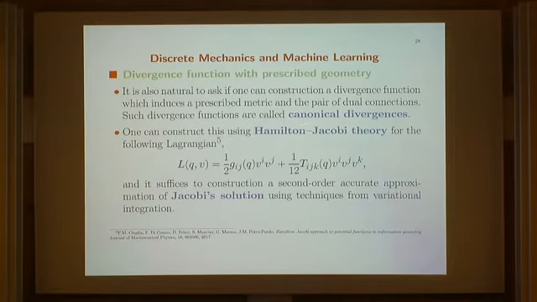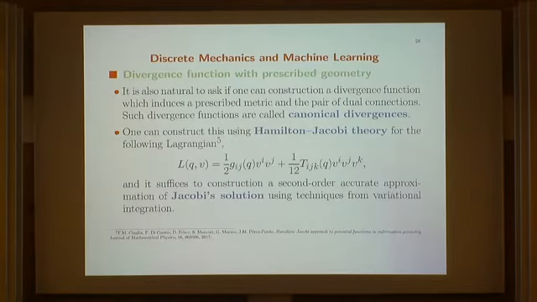Such divergence functions are called canonical divergences. One way to use a mechanical interpretation of all of this is to use Hamilton-Jacobi theory for the following Lagrangian. I have a Lagrangian which depends on the metric I'm given and this T, which is the skewness tensor, if you recall. Up to a constant, it's the difference between the two dual connections, and this gives you a Lagrangian.